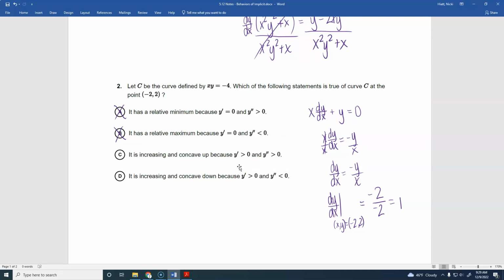Now we need to take our second derivative. So for our second derivative, we got to use the quotient rule. Connor, what will we get whenever we take the derivative here?